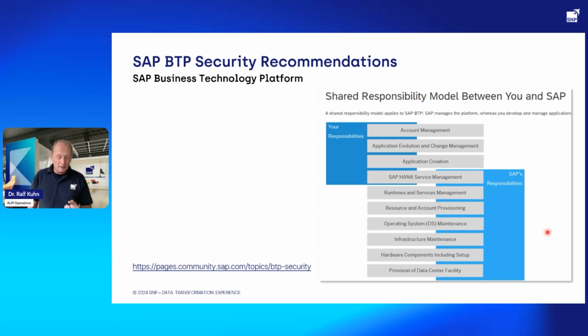These BTP, the Business Technology Platform of SAP, security recommendations are online guidelines with best practices to secure the BTP platform and its operations from a customer responsibility side, according to the shared responsibility model indicated here on that slide.